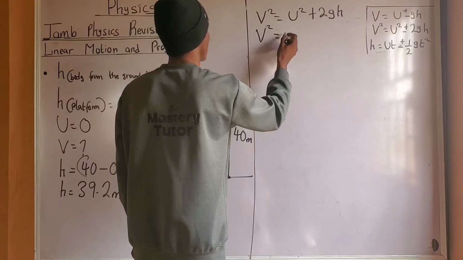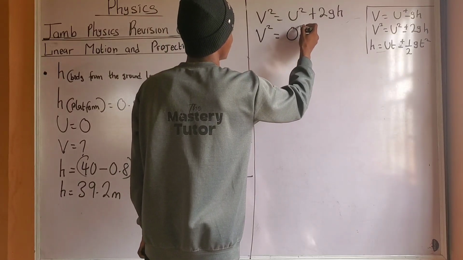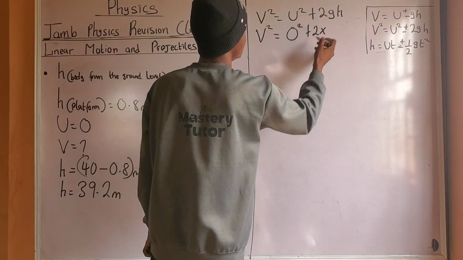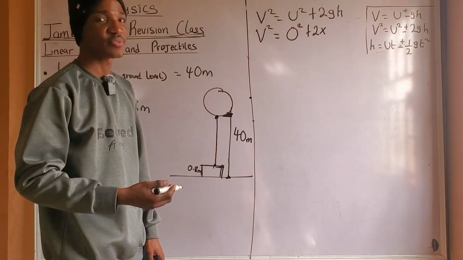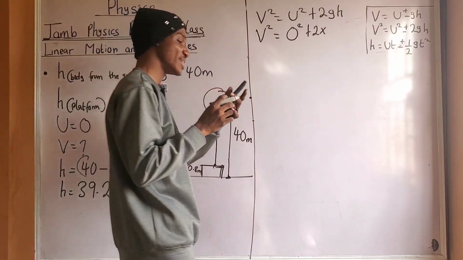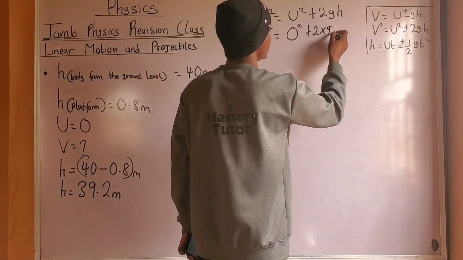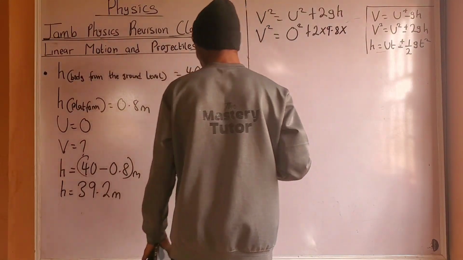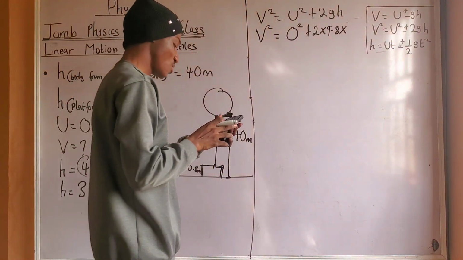V squared equals U squared, which is 0, plus 2 multiplied by G. G is the acceleration due to gravity, and it has been given as 9.8 meters per second squared. So I'm going to have times 9.8 times the height. The height now is 39.2.